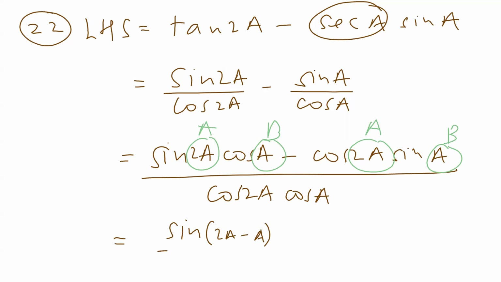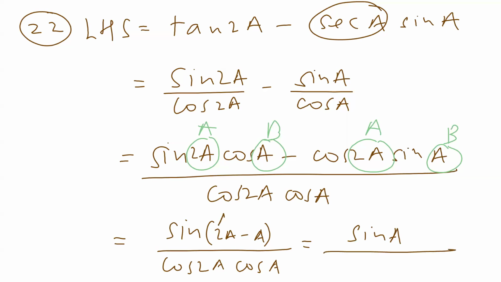So this is 2A minus A upon cos 2A into cos A, right? So this will be sin A, 2A minus A is A. See, this is sin (A minus B), okay? So A is 2A and B is A. So A minus B, 2A minus A is A upon cos 2A cos A.